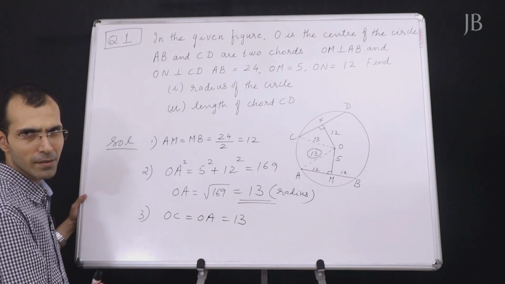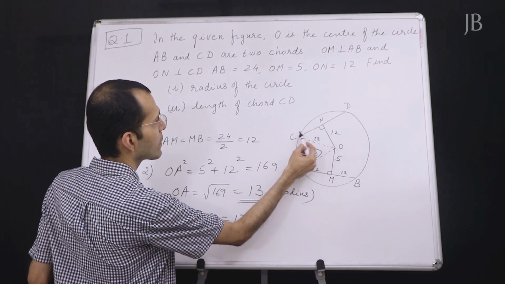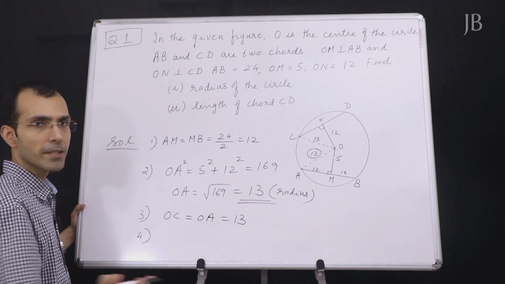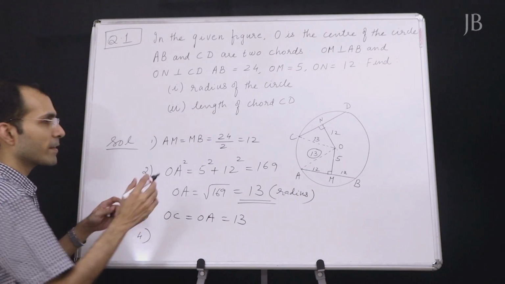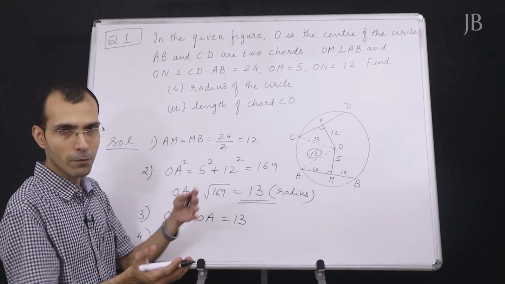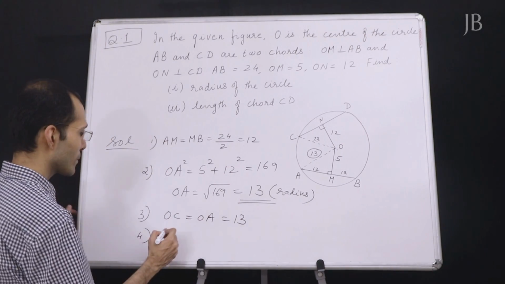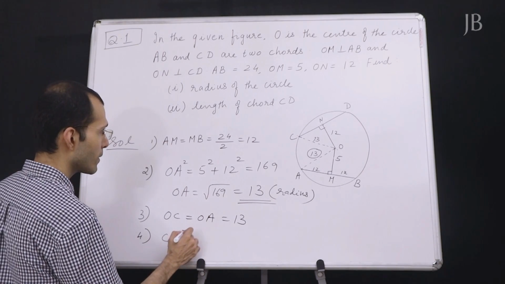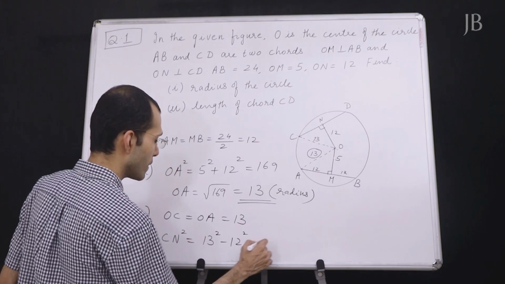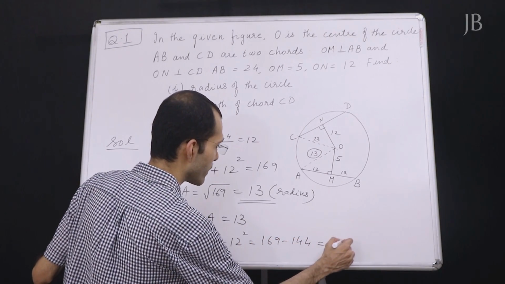So now the problem is almost done. This is 13, this is 12. We will find CN. How? Pythagoras theorem. See, in these cases, distance formula, these theorems what we just taught you, Pythagoras theorem, all will come mixed. So CN square equals 13 square minus 12 square, which is 169 minus 144, which is 25.